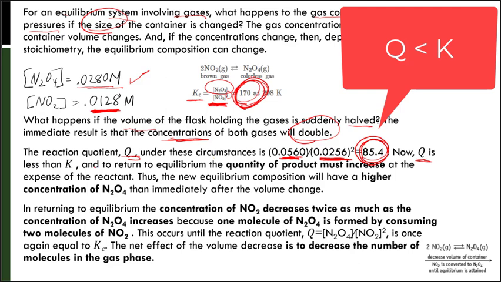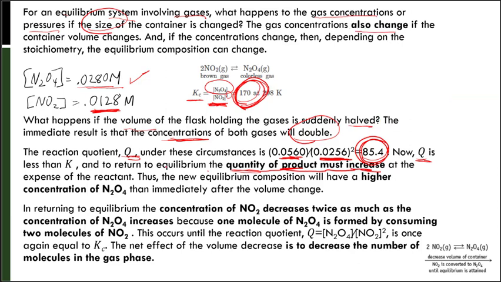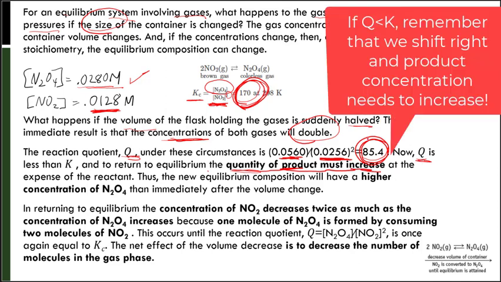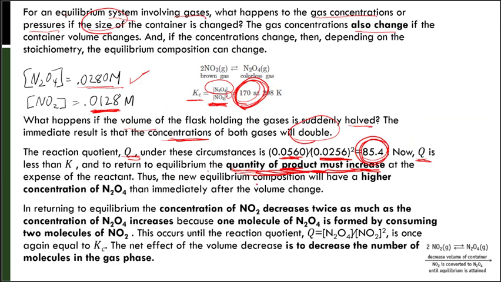That's at 170. So to return to equilibrium, the quantity of the product must increase, because remember, if Q is less than K, we need to go to the right. So the product must increase at the expense of the reactant. So the new equilibrium composition will have a higher concentration of the N2O4, that's my product, than immediately after that volume change.